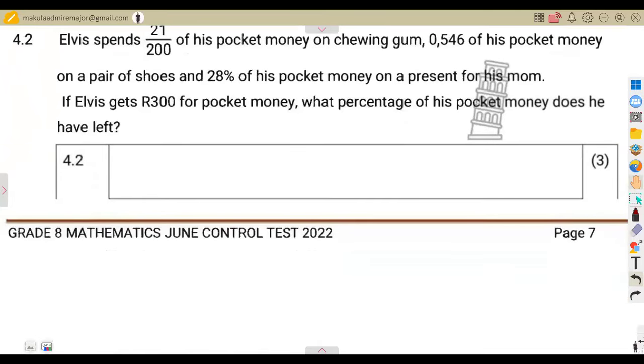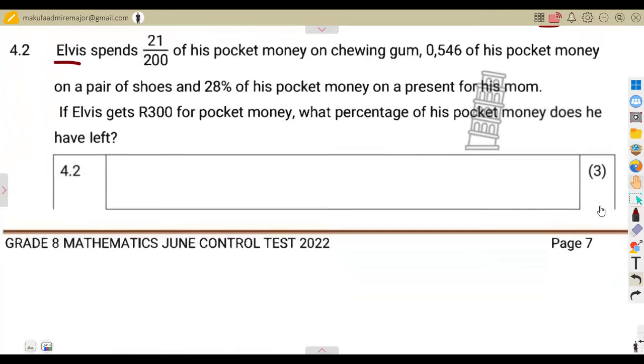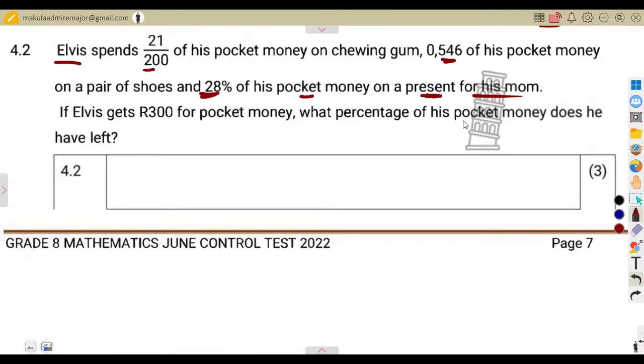All right, 4.2, we are given a guy who is Elvis. Elvis spends 21/100 of his pocket money on chewing gum. Okay, 0,546 of his pocket money on a pair of shoes, then 28% of his pocket money on a present for his mom.